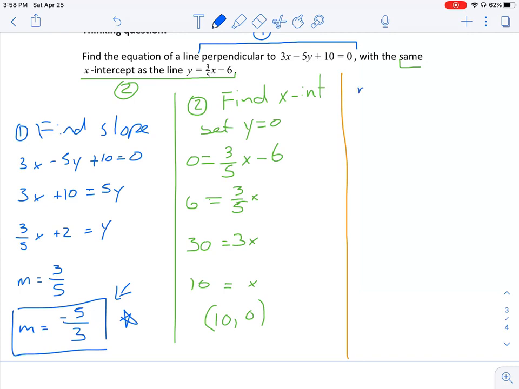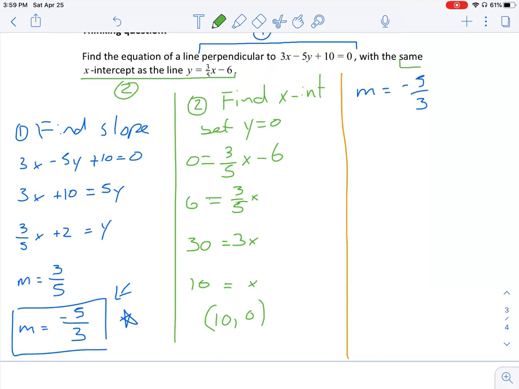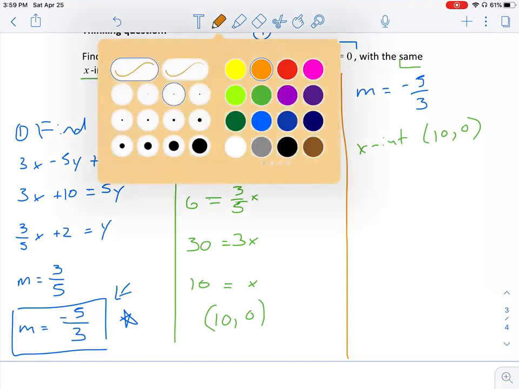So our slope, I'll be consistent with the colors here. No, actually that was good. My slope is negative 5 over 3. The point that I have, the x-intercept, is 10 and 0. So now I can plug in all those values, right?